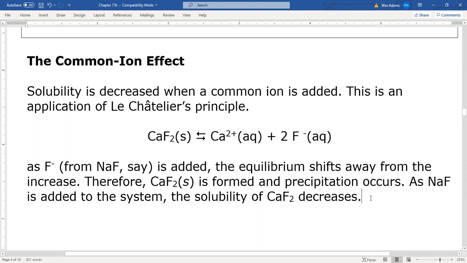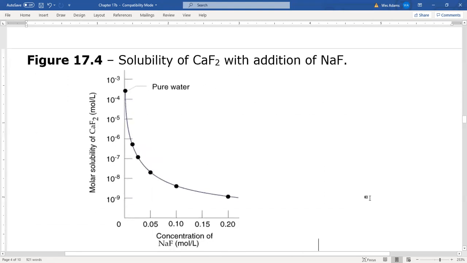So adding a common ion that's on the product side, as it is in one of these salts, will produce a decrease in the solubility of the calcium fluoride compared to what is normal. If you look at that as we add sodium fluoride, we can see the solubility in pure water up there at the top.